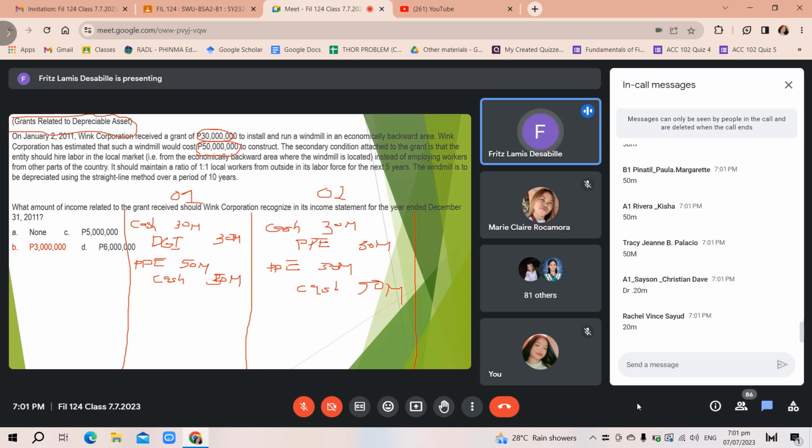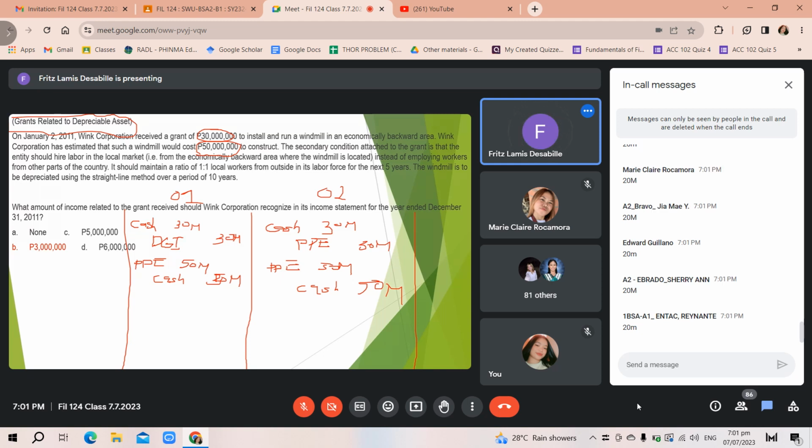Because we debited 50 and credited 30. In option 1, we recognized deferred grant income for the grant we received. In option 2, we recognized a reduction to the PPE. So we credited PPE 30.